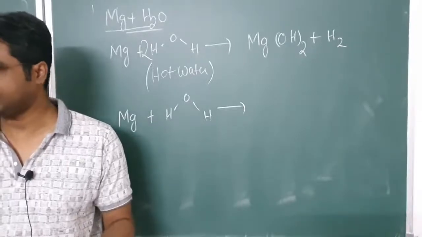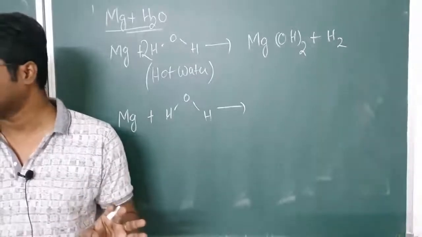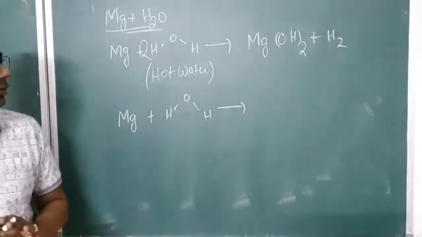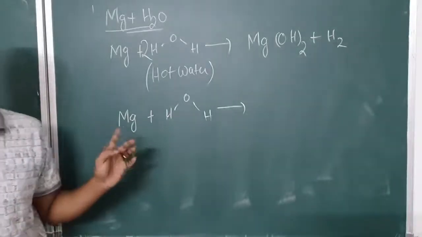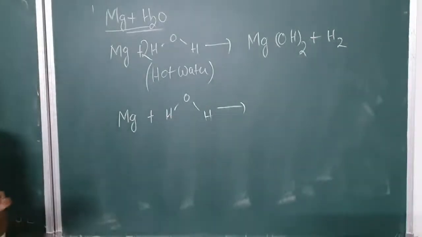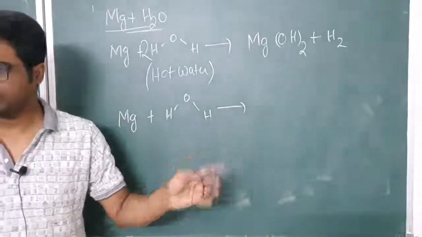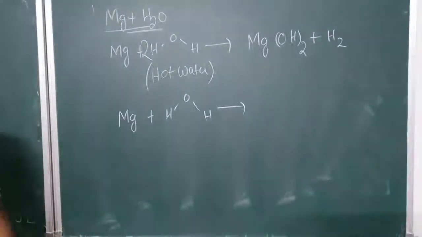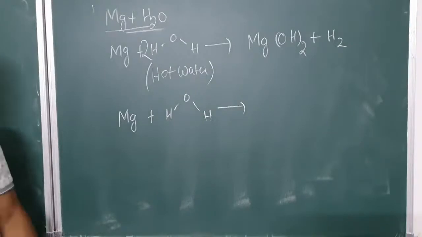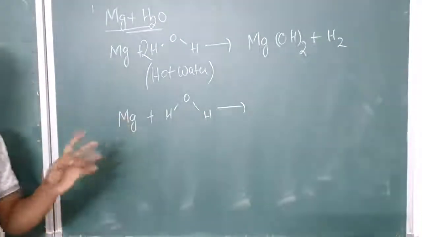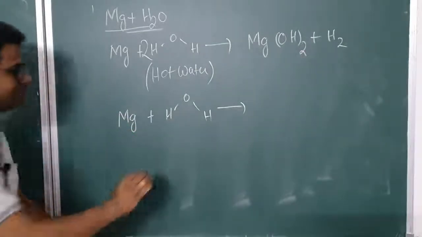In gaseous state, there is no H plus OH minus. So the reaction will be between magnesium and not OH, only oxygen. When magnesium reacts with oxygen, what does it form? MgO, magnesium oxide. So this time there is no H plus OH minus if it is steam.